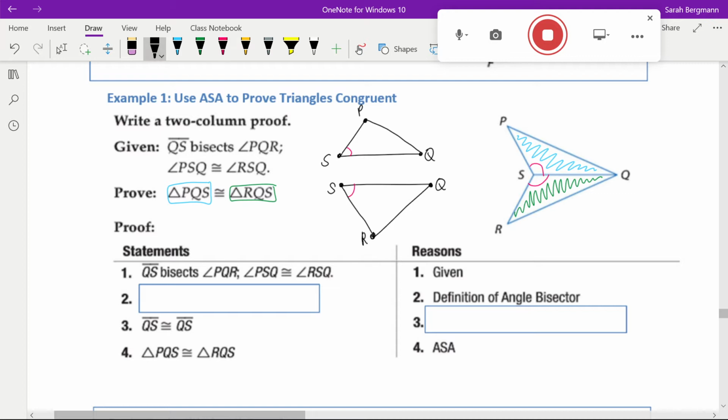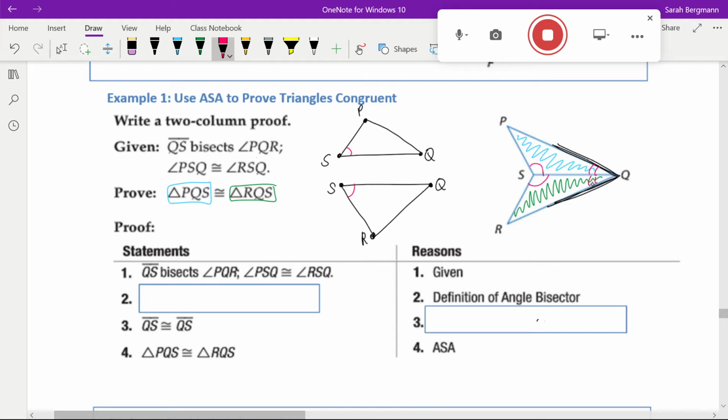So, it says to use the definition of angle bisector. I know that it said QS bisects angle PQR. So I'm looking at angle PQR, and by the definition of angle bisector, remember, it means that it cuts the angle exactly into two equal pieces.